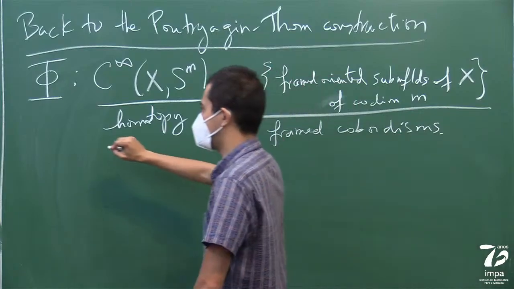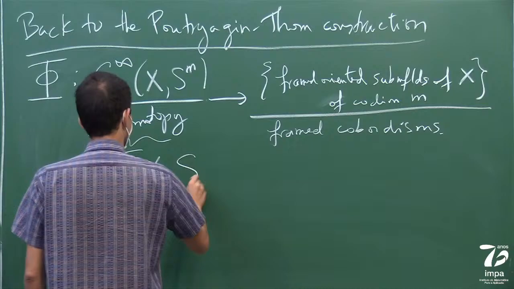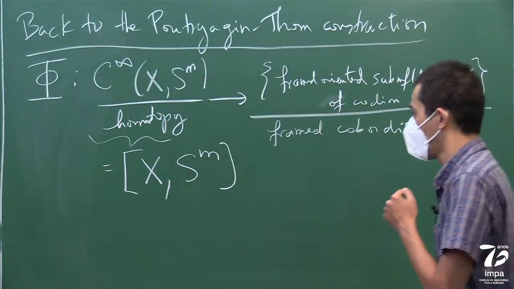And by the way, usually people use this bracket notation to denote the set of homotopy classes.